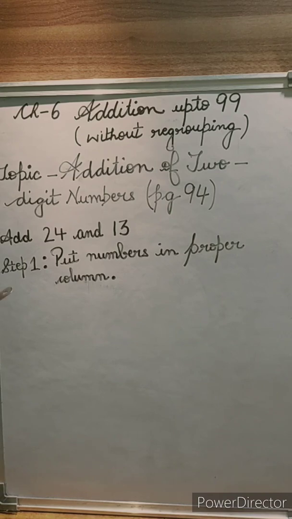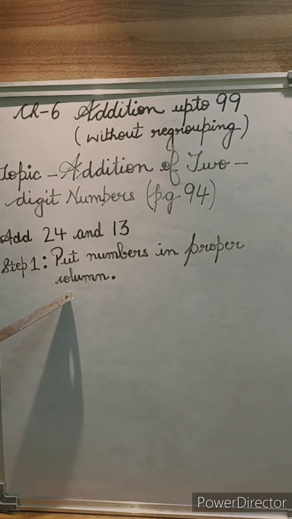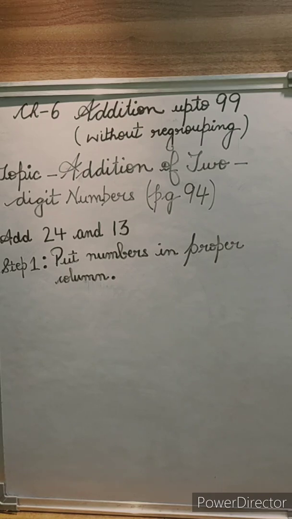तो हमारा स्टेप नंबर 1 क्या है, that we have to put these numbers in proper column. ठीक है, column means you have to arrange them in the place value chart.